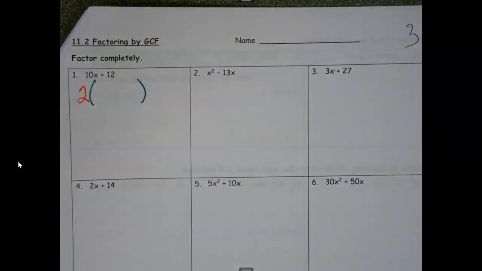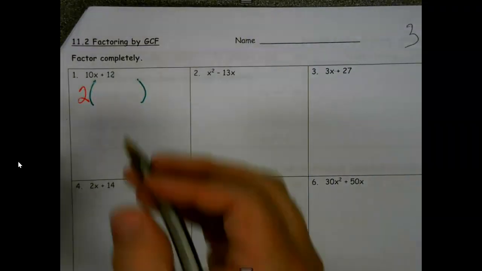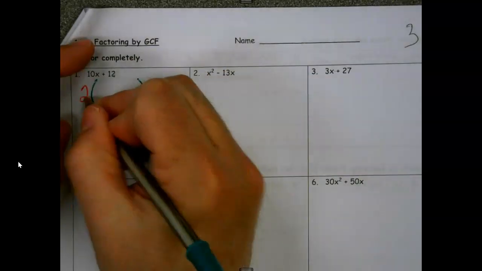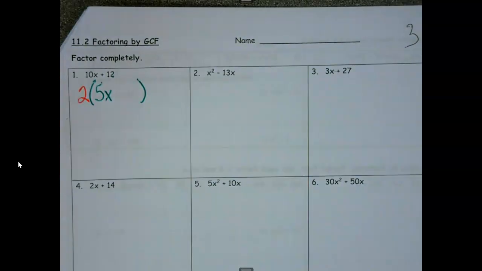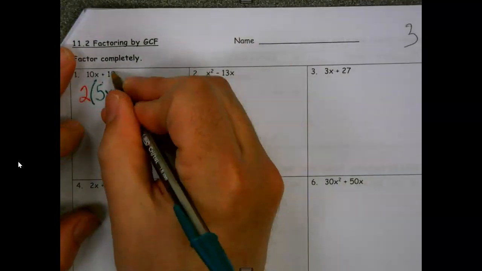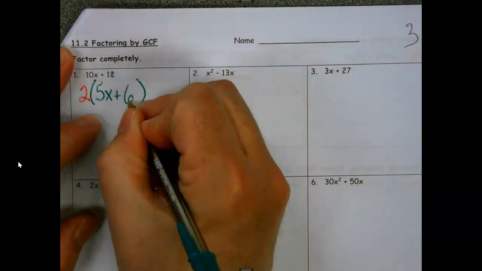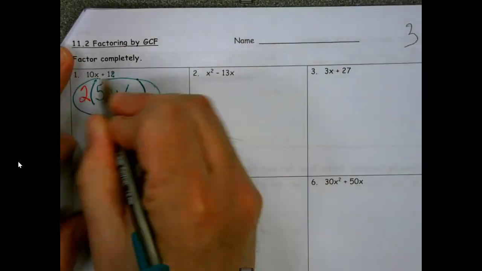They both have to have x for me to take that out, and you're right. 10 divided by 2 is 5. The x is still there. And then 12 divided by 2 is 6.